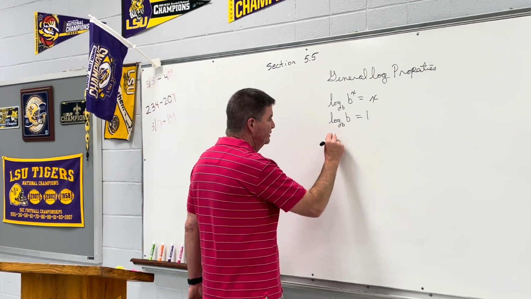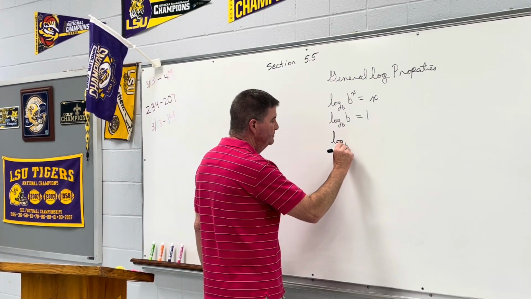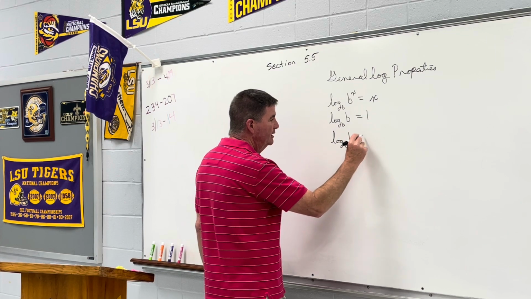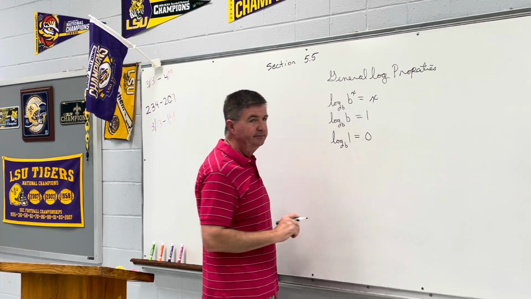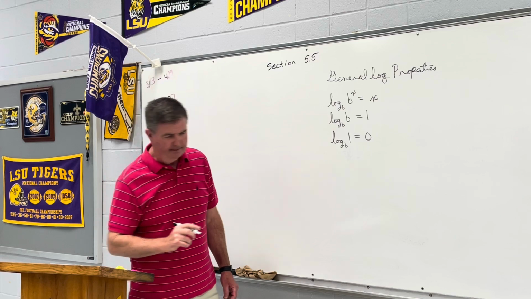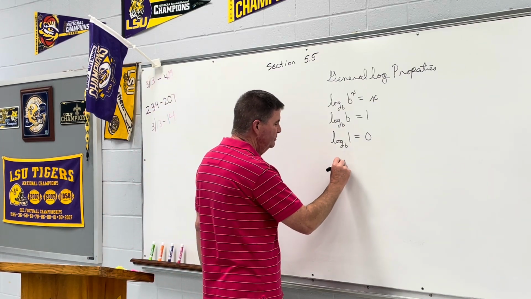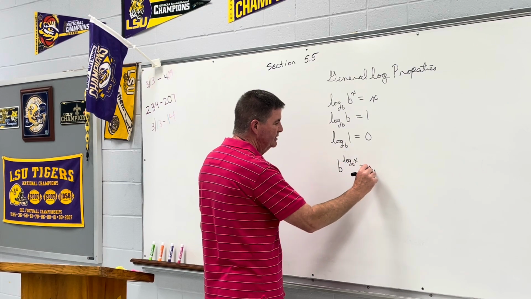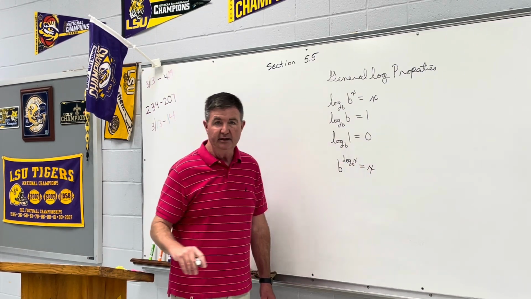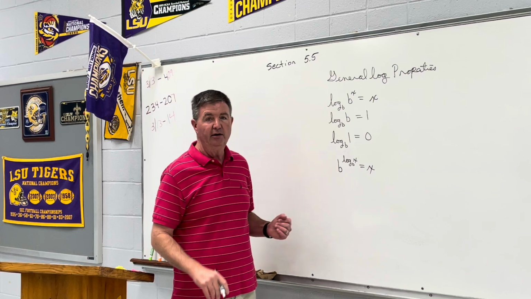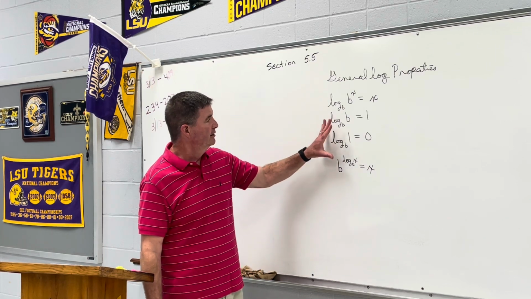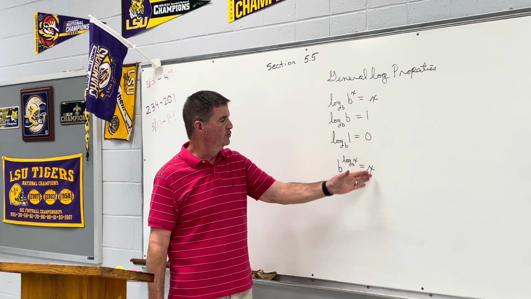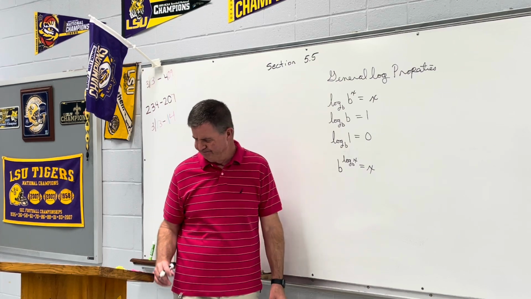Another one is log base b of 1 equals 0, and b to the log base b of x is equal to x. Again, in the former video, we explained how all this works, but if this occurs, the answer is each one of the things that you see here.